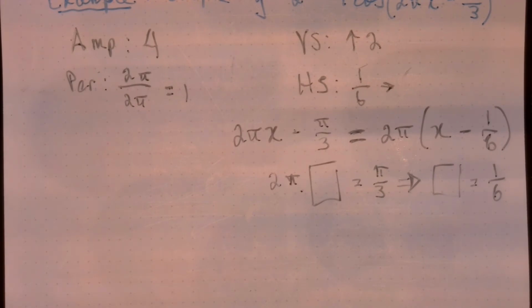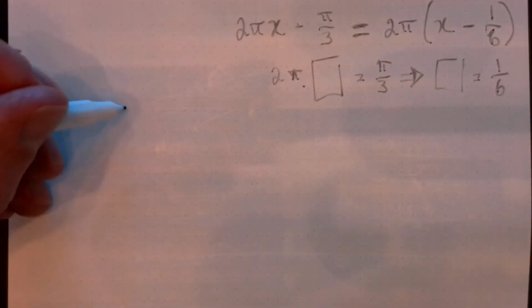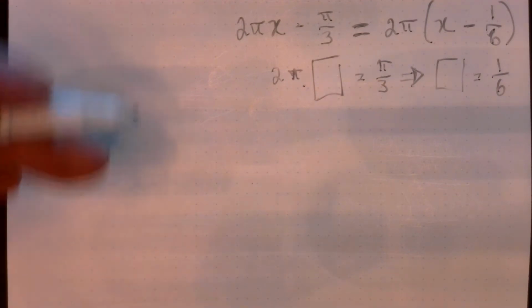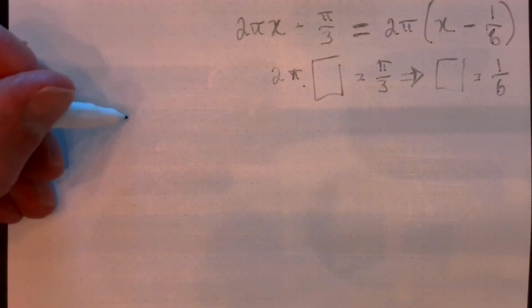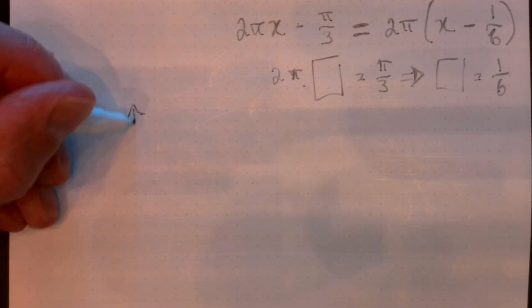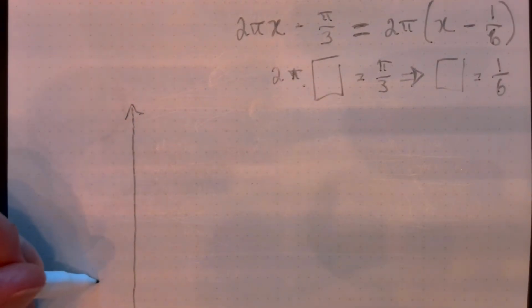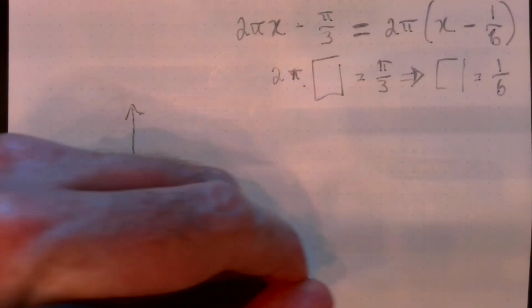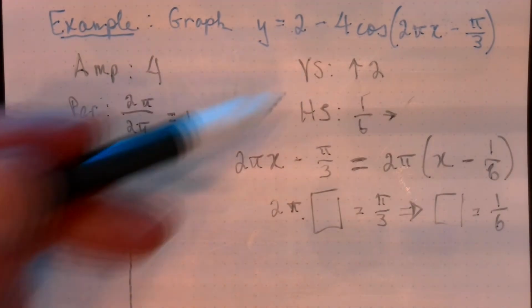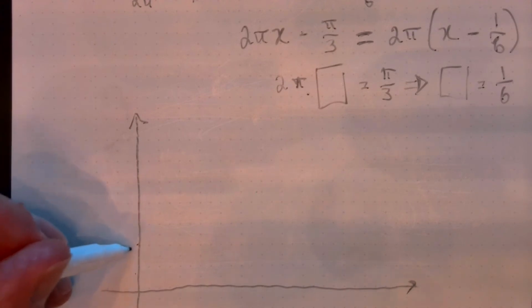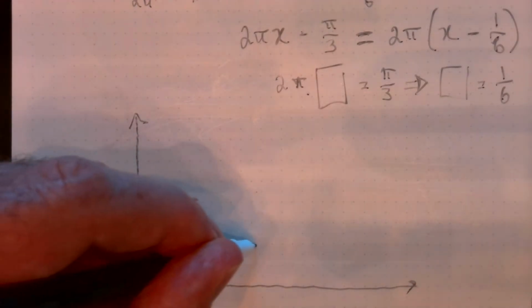Okay, so we're going to put all this together into our picture. So we've got a shift up of 2 units. That's the vertical shift. We need all this information in here, up 2 units. So 1, 2. So this is my midline. I'm going to draw a little dashed line right here.